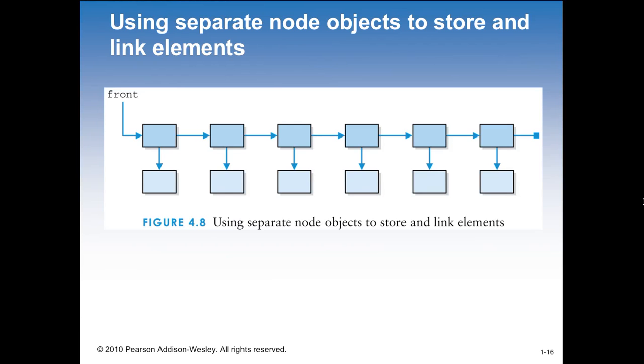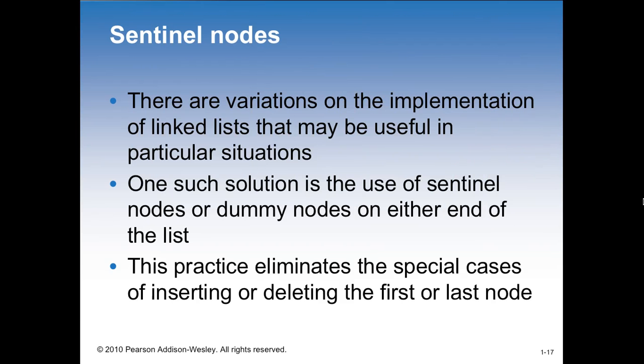In Java, it's actually just one by abstraction. You can separate it out if you wanted to. So here we're using separate node objects to store the linked elements, and the nodes are part of the list. So we have two separates. And in C++ and Java, as I mentioned before, you can do this by implementing it in classes, or you can have structures. But these can be represented in any type of fashion that might be efficient or inefficient.